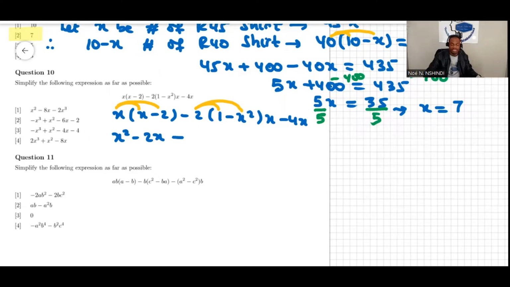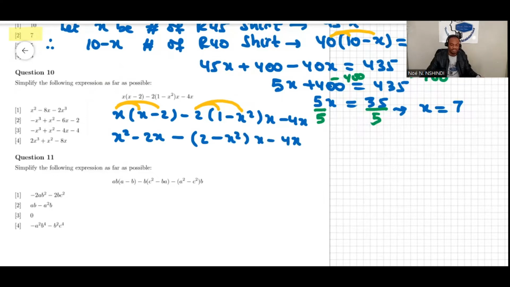Minus, over here, I will keep the brackets. So I keep my open brackets, 2 times 1. I leave the negative sign out there as access to 2 times 1. That makes 2. And then 2 times negative x squared makes negative x squared times x minus 4x.